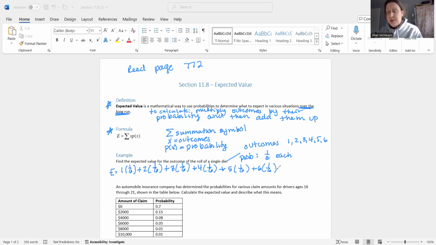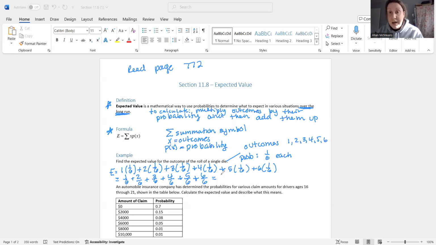This one's pretty easy to do the calculation by hand, so let's do that. 1 times 1/6 is just a sixth. Then we get 2/6, 3/6, 4/6, 5/6, and 6/6.